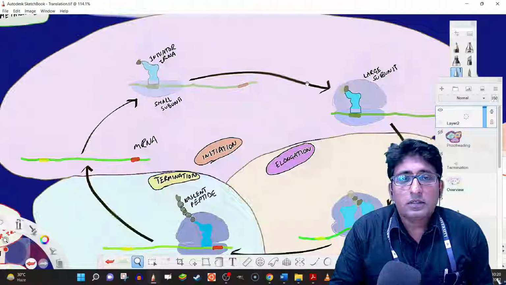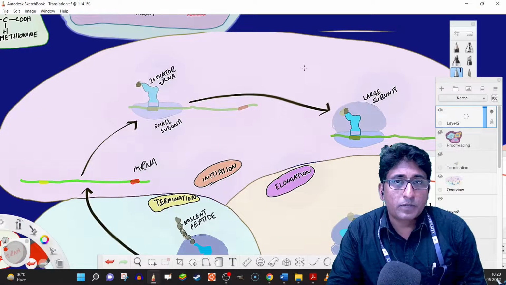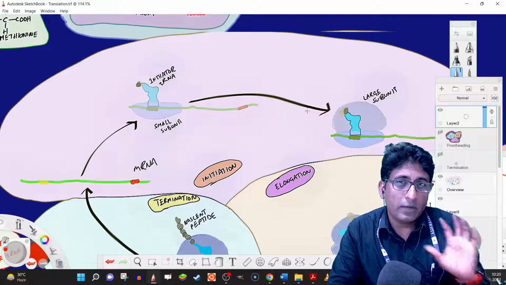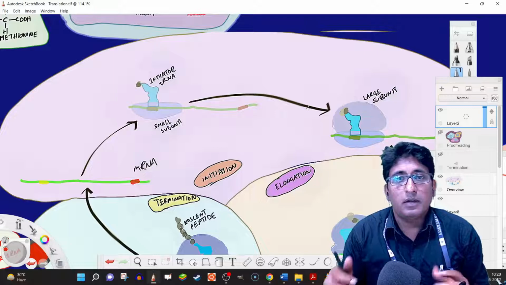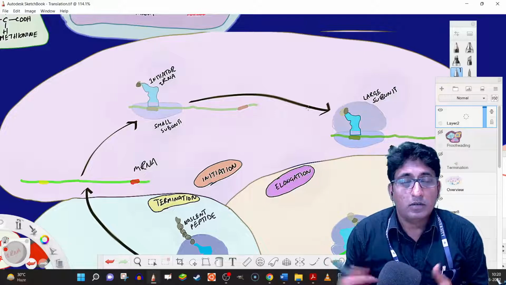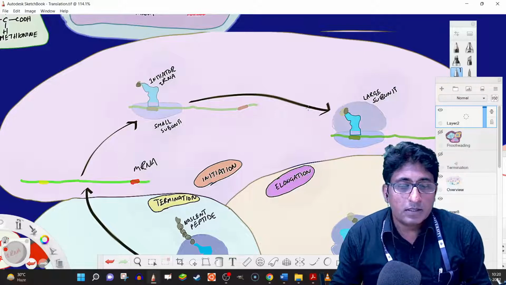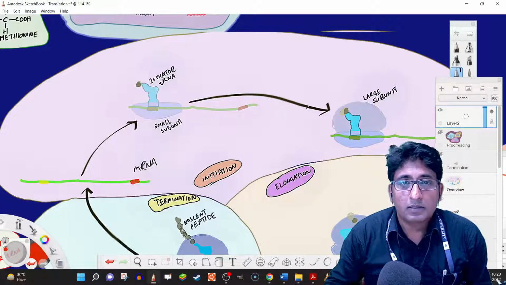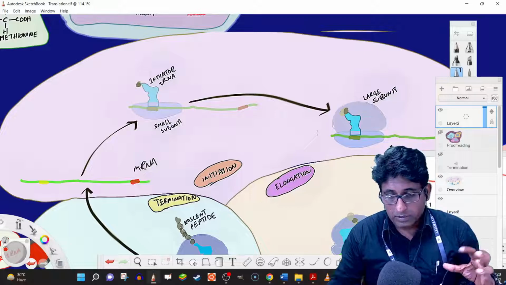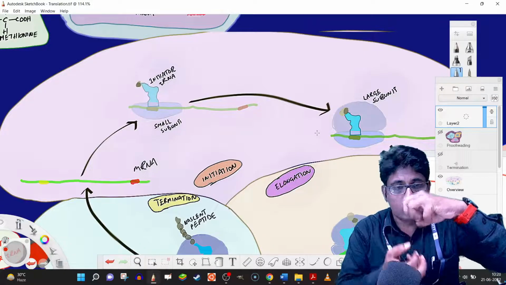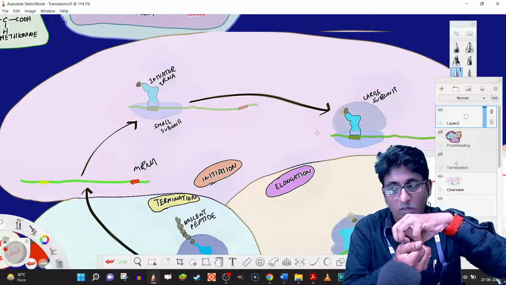So in translation, the first aspect would be for the ribosomes to identify the messenger RNA out of all the different RNAs that are present. We should think of a ribosome as two things, one large subunit and one small subunit.